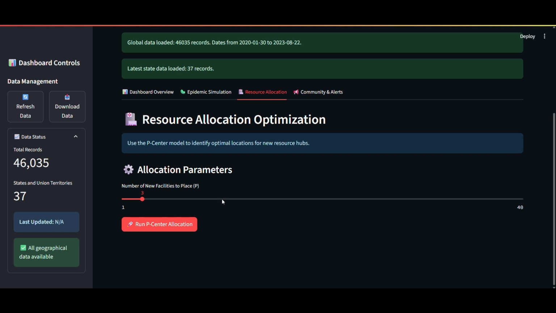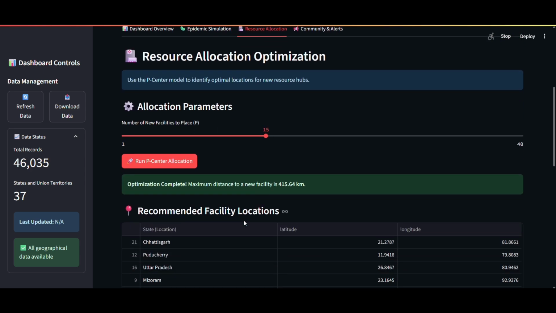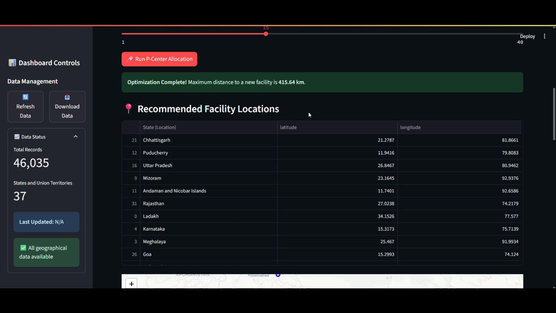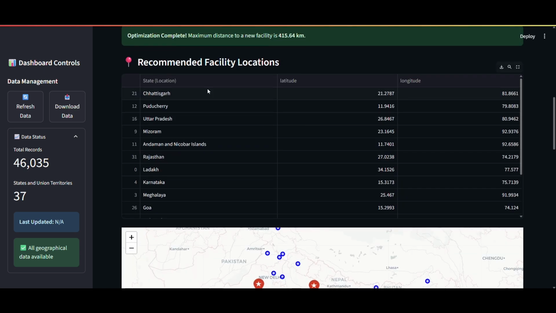Here we can adjust the number of facilities to be deployed. For example, we can go from just one facility to many facilities. Let's place 15 facilities and just run this. So the system reports the maximum distance to a new facility is 415 kilometers, and it represents different locations with their latitude and longitude.